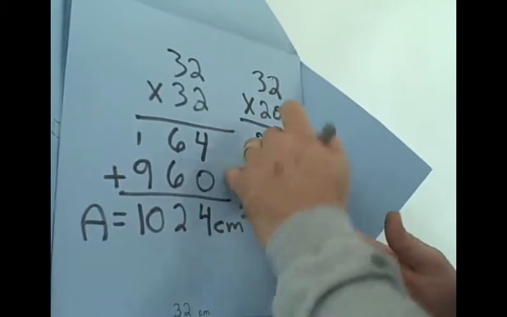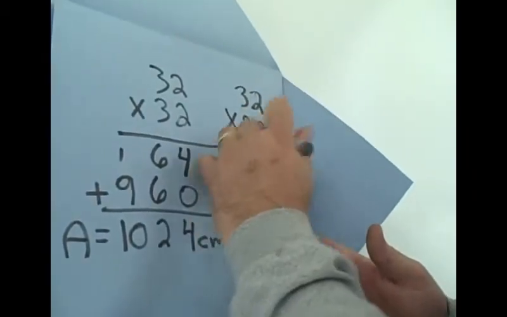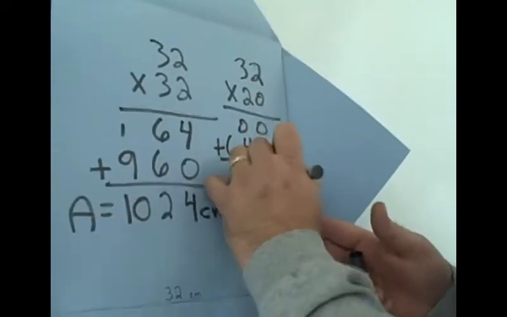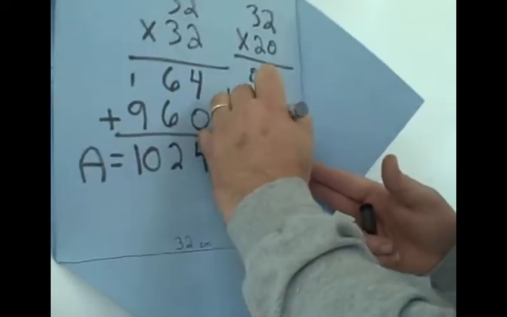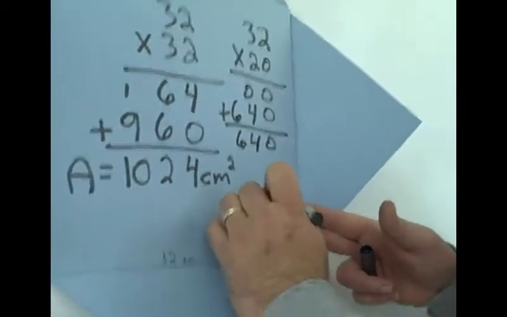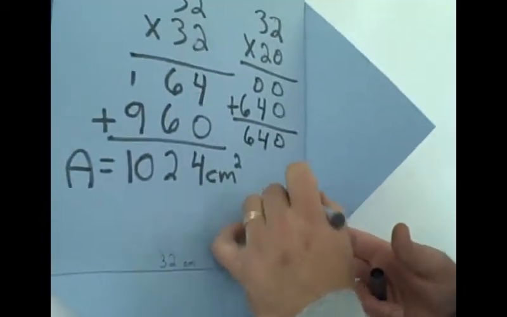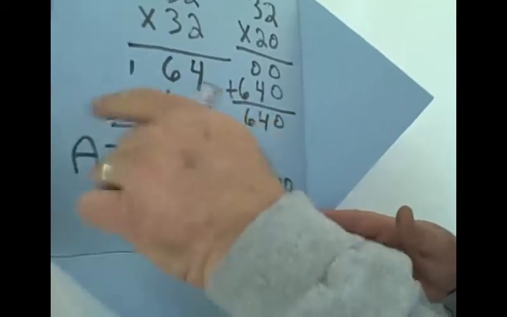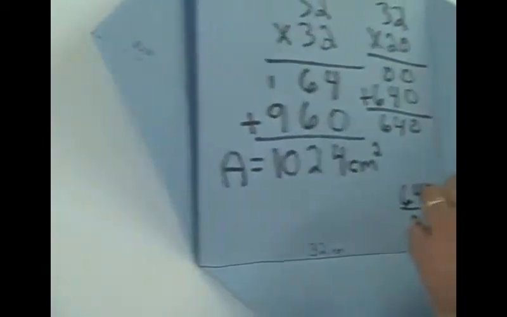Bring down to 0. 2 times 2 is 4. And 3 times 2 is 6. Add these up. 0, 4, 6. 640. But we have to divide it by 2. Okay, because it's a triangle.